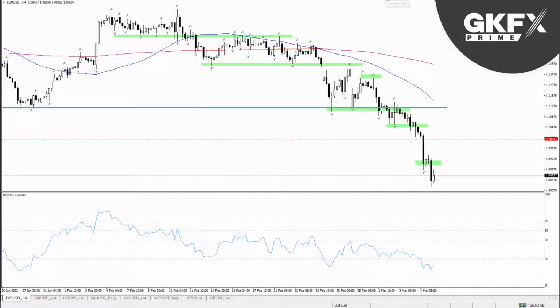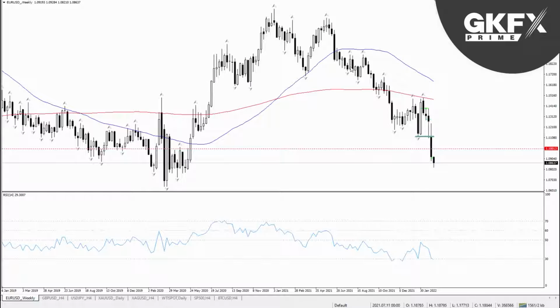And that's in keeping with this big picture story that we've been looking at for a while. In this weekly chart, we can see that we're making lower lows and lower highs. The last time we tried to make a higher high after that bullish engulfing candle, we weren't able to.